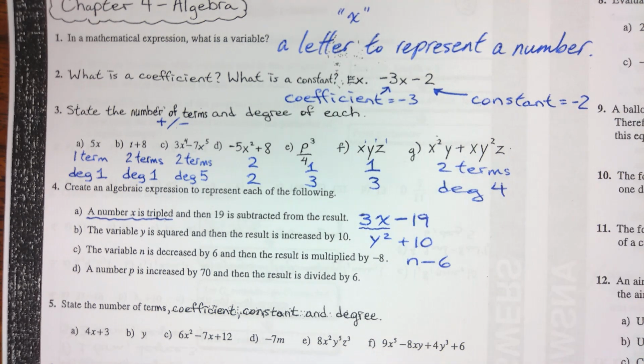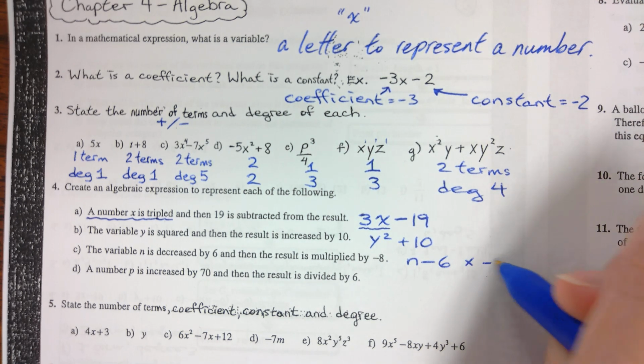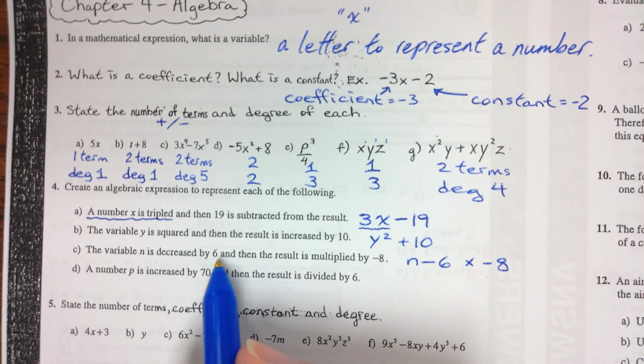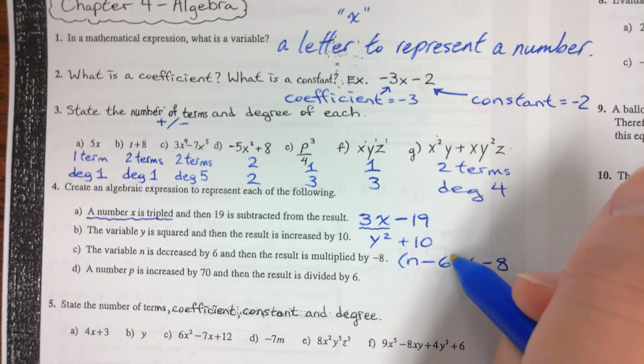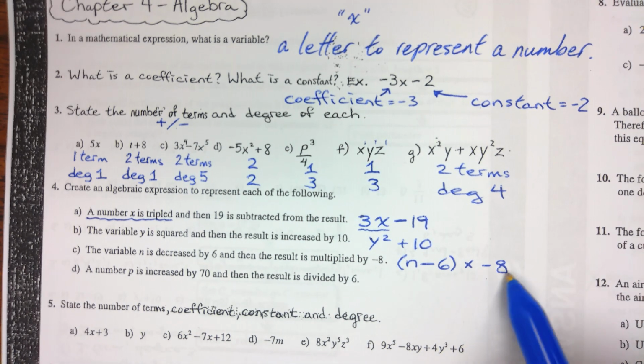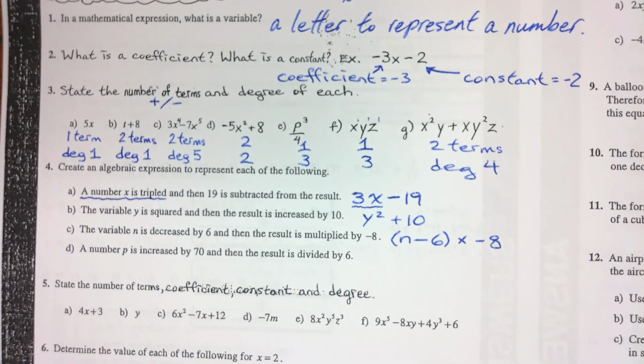Yep. Multiplied by negative 8. Okay. What do I need to add in this expression? Brackets, exactly, because you want to do the n minus 6 first. Good. So you do need the bracket before you times by the negative 8. Otherwise, bad math.